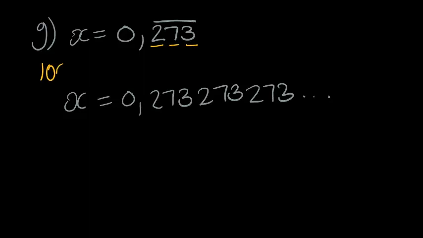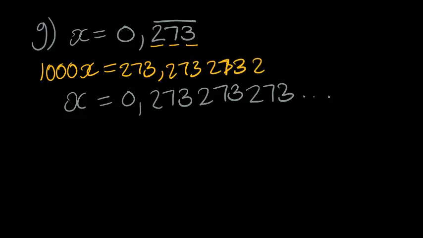So I am going to have 3 zeros on my x, 1000x. 1000x is going to equal 273.273273. So when I subtract on both sides, I know that that cancels out with that.